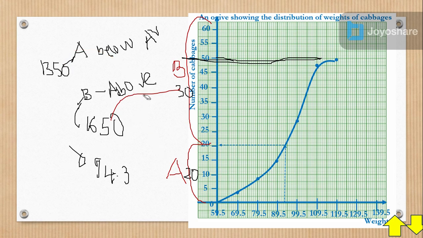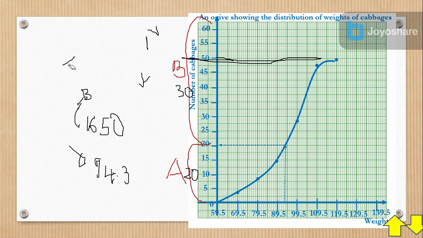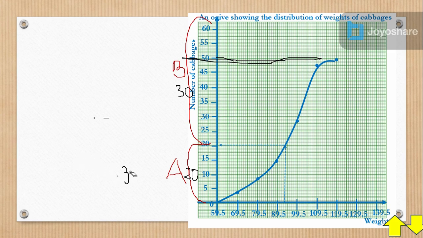Let's erase this to clear our area. Now let's see how the calculations can be done.